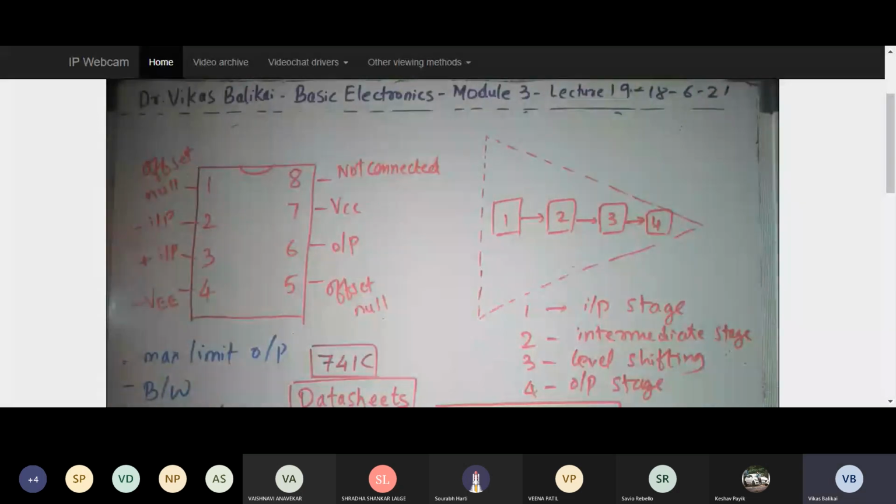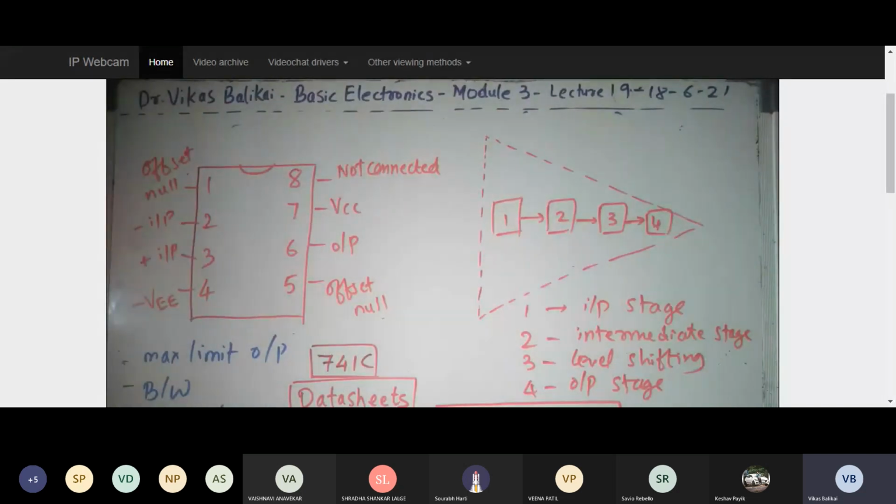We tried to address the issue of input resistance and output resistance, and that's valid for all of your voltage amplifiers. Because an operational amplifier happens to be a voltage amplifier, whatever we analyzed over there is valid for our op amp also.